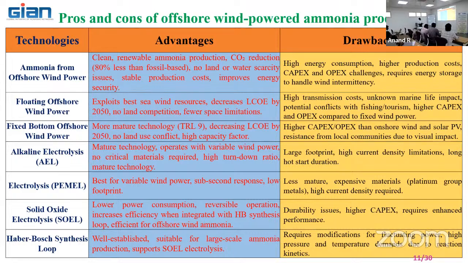There is also a high transmission cost, because the plant is located in the sea. If it is located on land, you can easily transfer to the grid. But if it is located some kilometers away from the land, you need to transport the electricity, and for that you have to pay extra cost. Because water is conductive in nature, you need to go for highly insulative or non-conductive cables to transfer the energy.